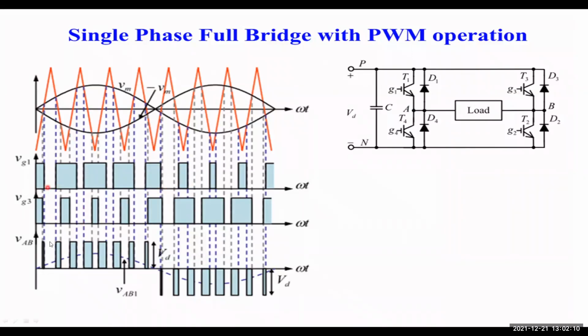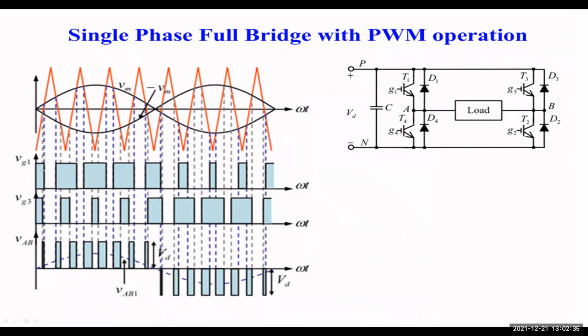So the voltage across the load is called VAB, VA and VB, and that is nothing but VG1 minus VG3. Try to consider here. This is the width of VG1 and the width of VG3 is like this. So VG1 minus VG3 is our voltage VAB.